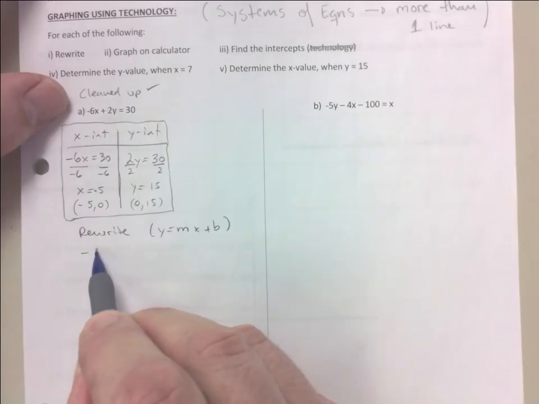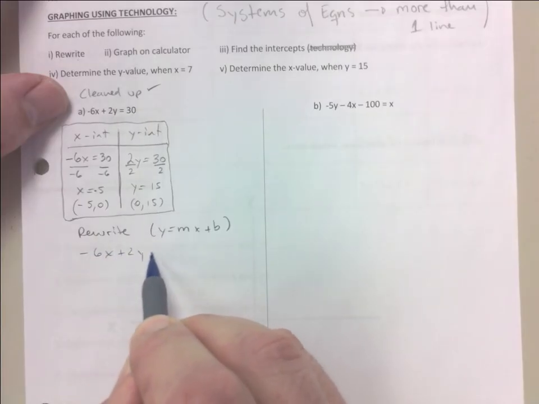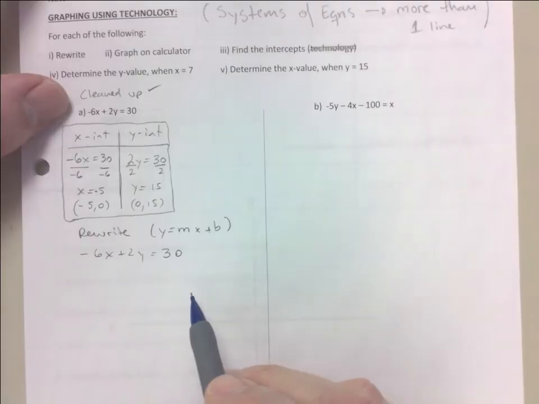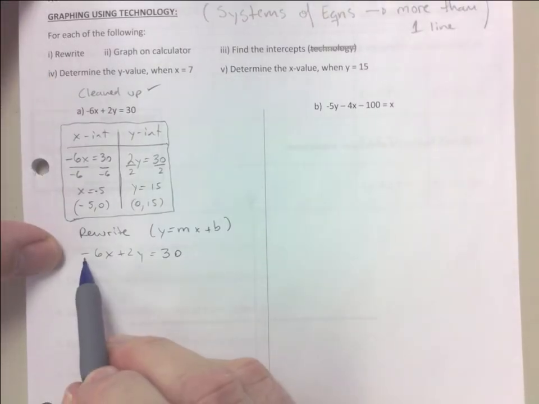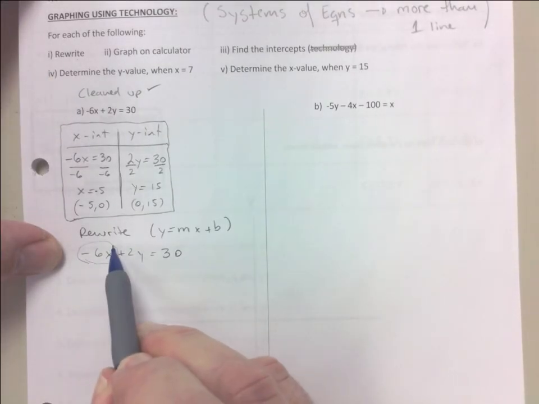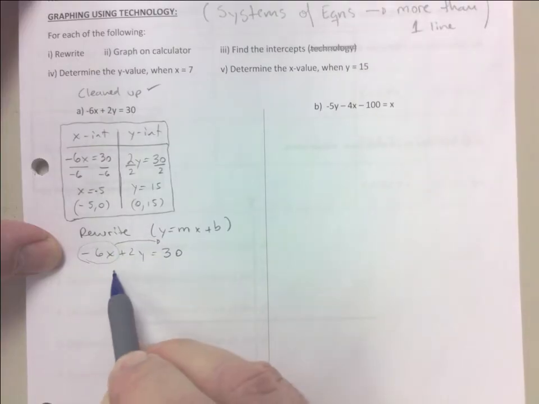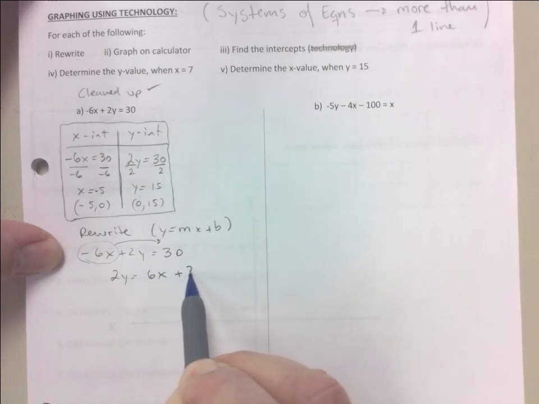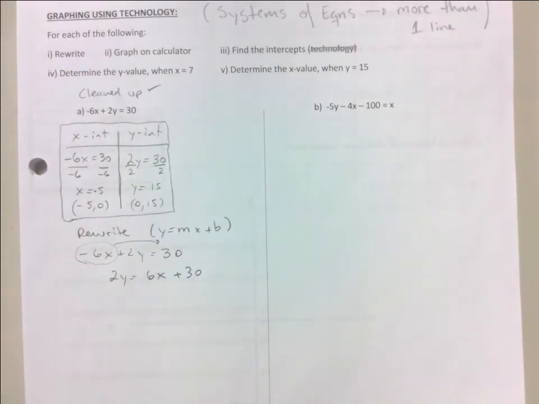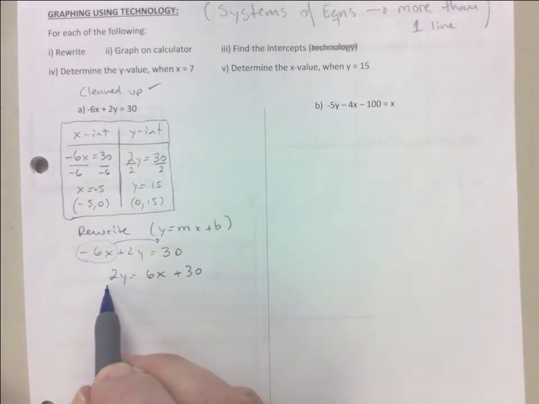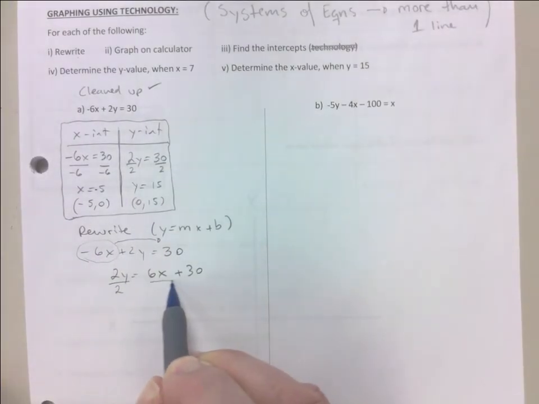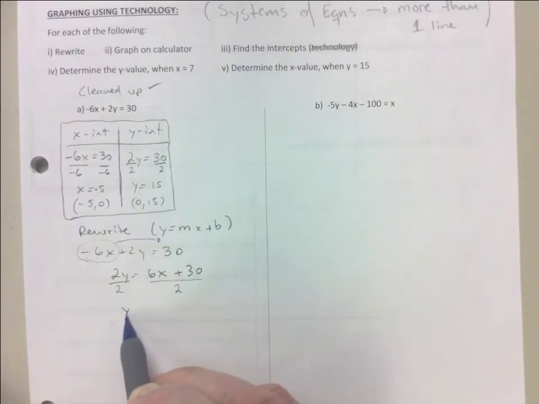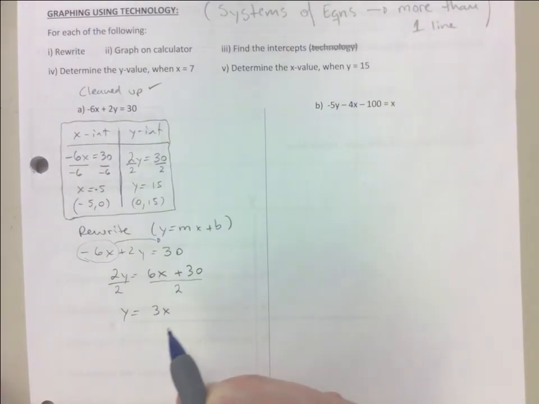So basically, I will start with it again, just so you see in your notes what I mean by that. So basically the negative 6x comes over, so you end up with 2y is equal to positive 6x plus 30. And then you divide both sides by 2. Y is equal to 3x.